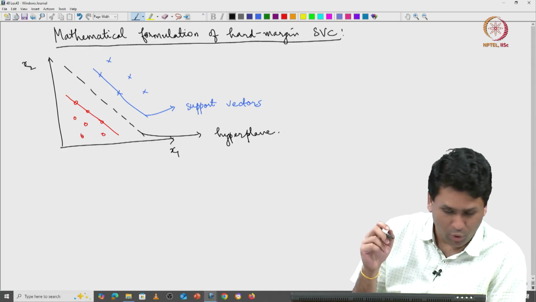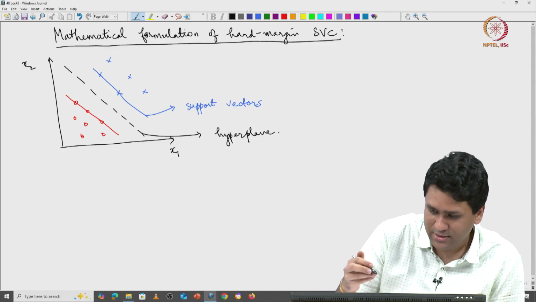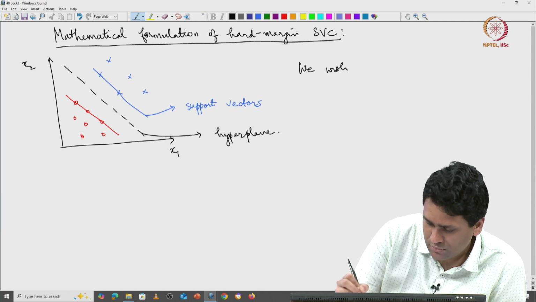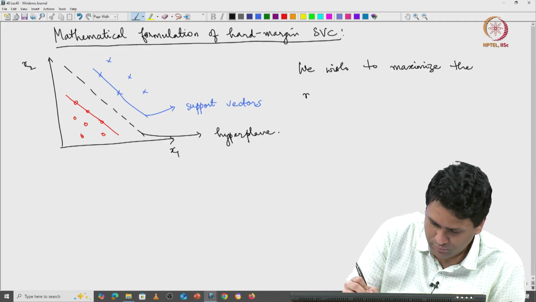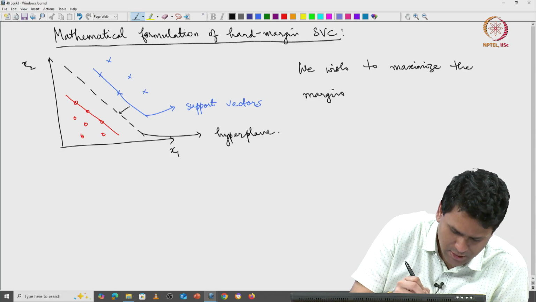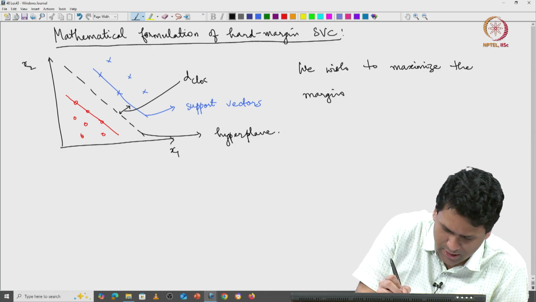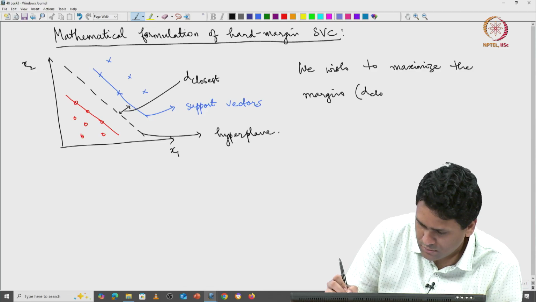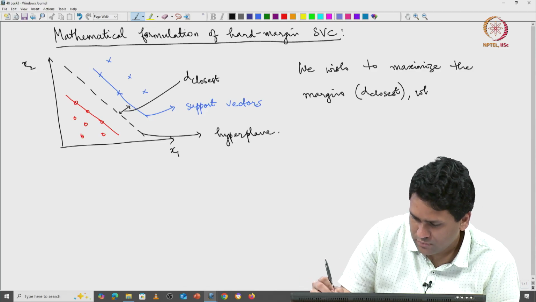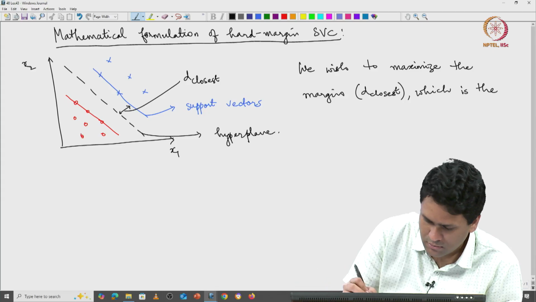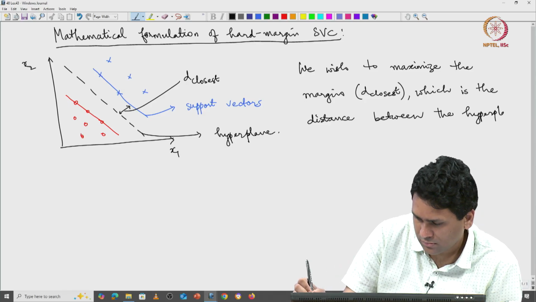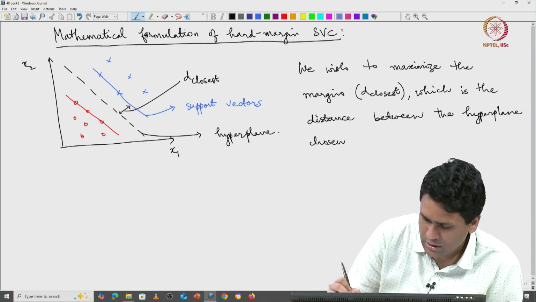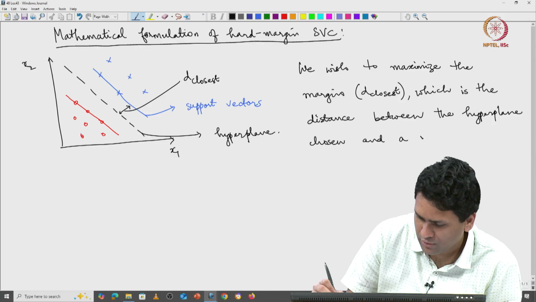What we need to do is we want to maximize the margin, which is essentially this distance, also denoted as d closest, which is the distance between the chosen hyperplane and one of the support vectors.